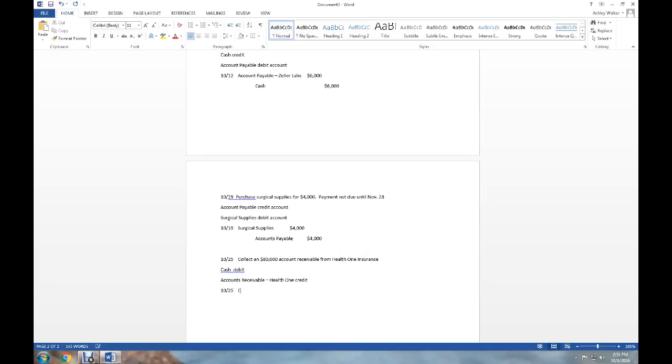So when we collect the receivable, we're going to increase cash for $80,000, and we're going to decrease accounts receivable. So we're going to credit that asset account for $80,000. Okay.